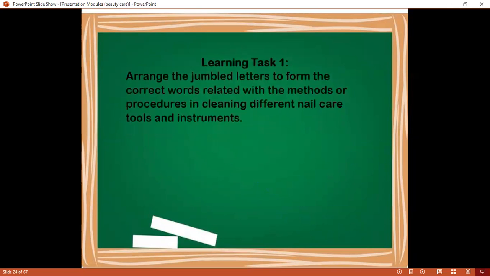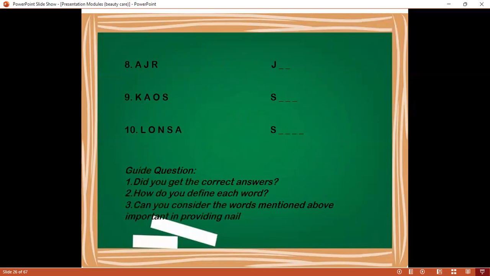Learning task 1. Arrange the jumbled letters to form the correct words related to the methods in cleaning different nails, nail care tools, and instruments. Guide question.